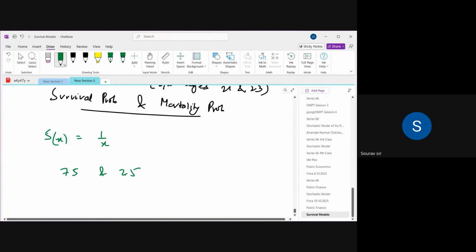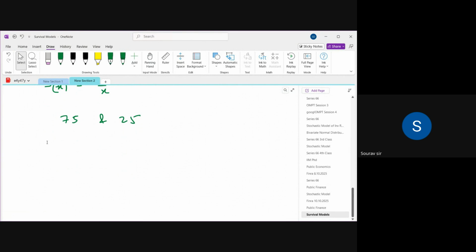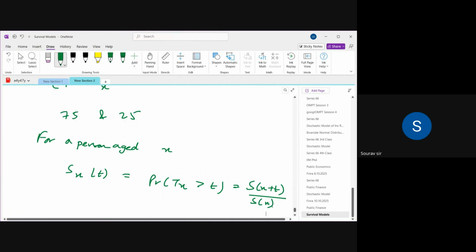75 and 25. If you recall the relationship, do you remember? For a person aged x, S_x(t) is equal to Pr(T_x greater than t), so that is S(x+t) by S(x).